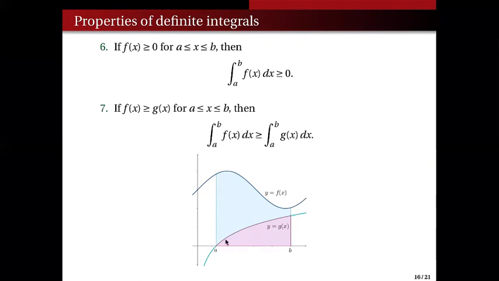Your function g of x is lower than your function f of x. Of course, in this case, both of them are non-negative. So you will clearly see that the area covered by your function f of x over the interval ab is greater than the area covered by the function g of x over the interval ab.